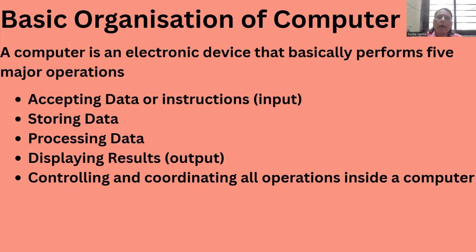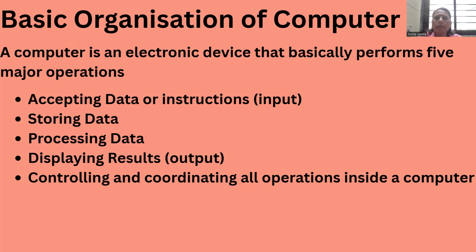Whatever data and instructions are given to the computer, they are first stored by the computer, and after storing, the computer processes the data with the help of the instructions, and after processing, it displays the result on the output device, or gives the output to the user.